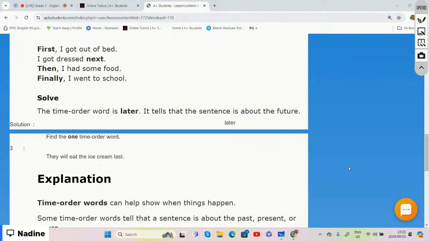If we were to choose our time order word within that sentence, the question is when are they going to eat ice cream? And we can say last.